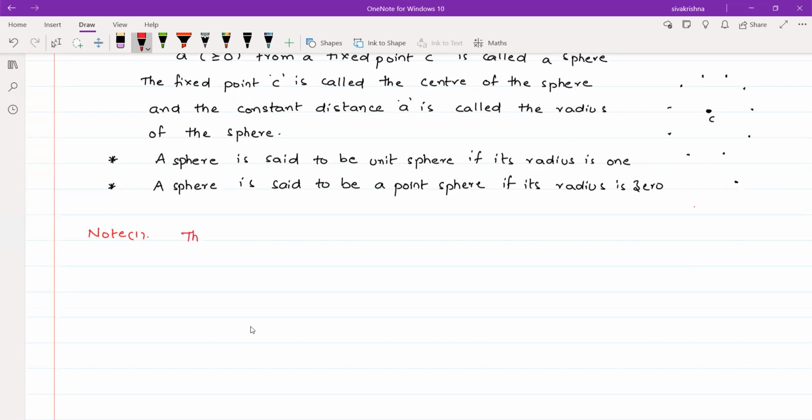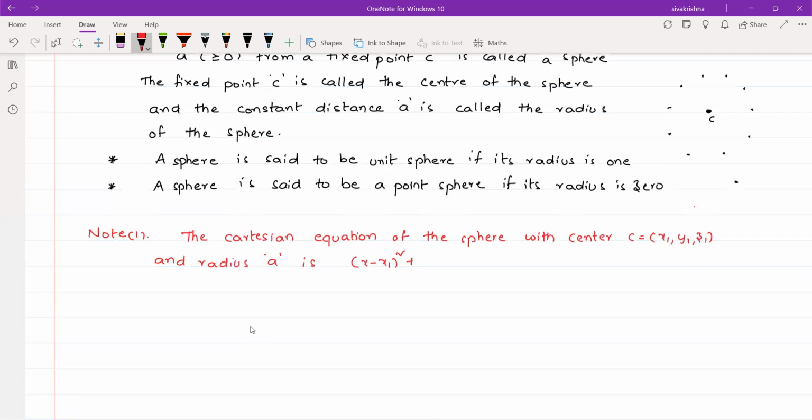The Cartesian equation of the sphere with center C equal to (x1, y1, z1) and radius small a is (x minus x1) whole square plus (y minus y1) whole square plus (z minus z1) whole square is equal to a square.